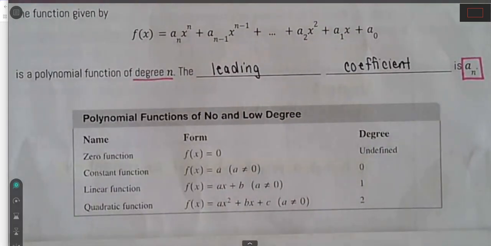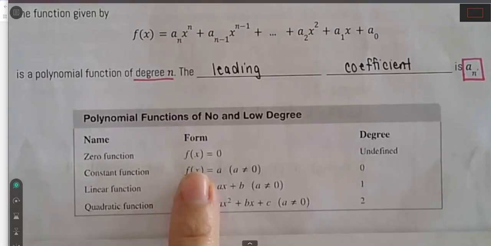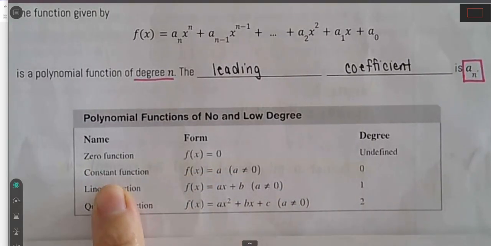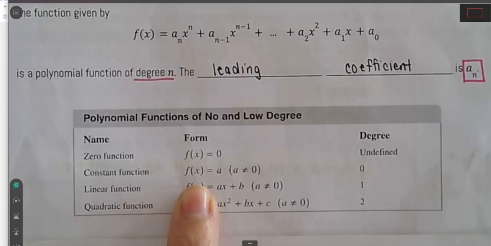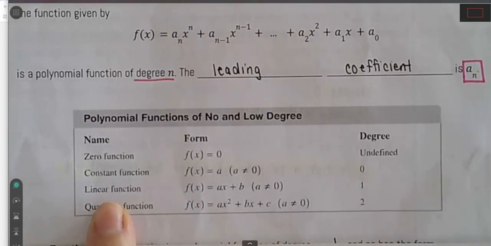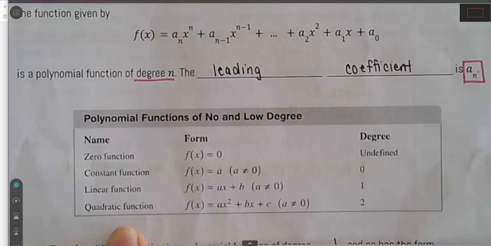Polynomial functions of no and low degree. The 0 function, f of x equals 0, the degree is undefined. The constant function, where you have y equals some number, like y equals 5, is just a horizontal line that has a degree of 0. A linear function has a degree of 1, a quadratic function has a degree of 2.